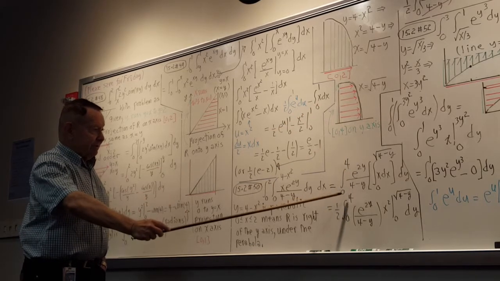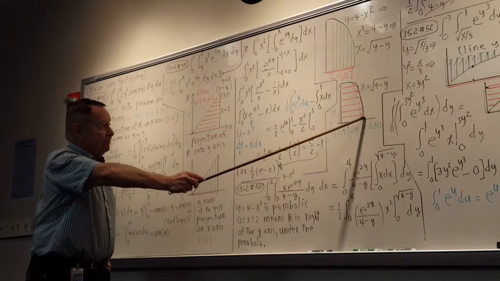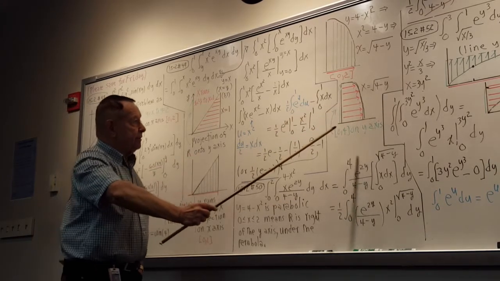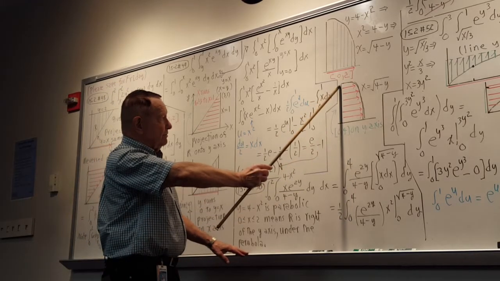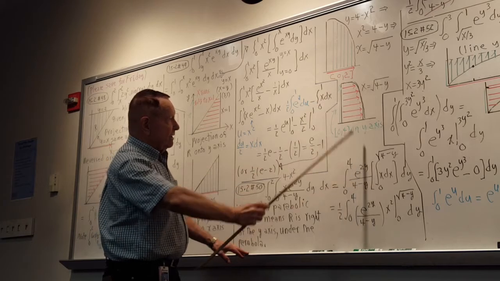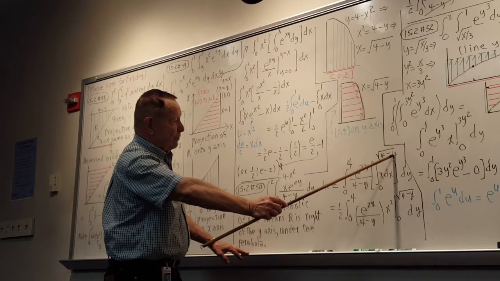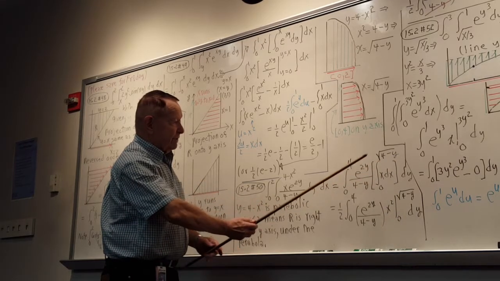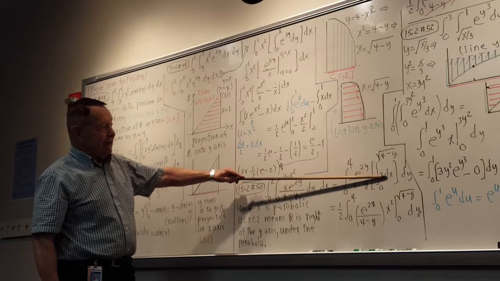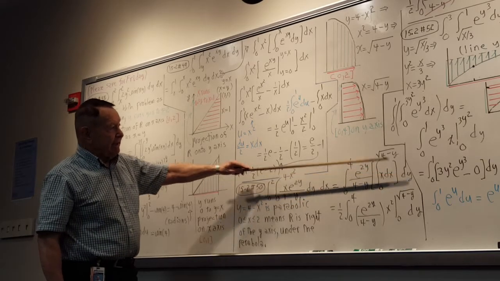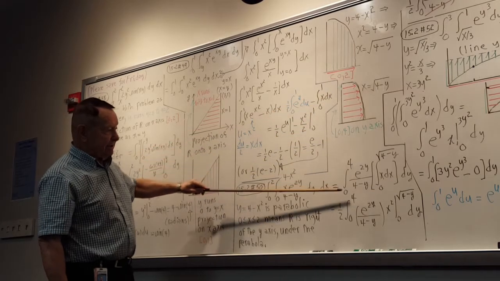So in the reversed order then, they're going from 0 to 4 on the, well, that will be what you do second on the y-axis. They're going from 0 to square root of 4 minus y first. You'd integrate that with respect to x, and then y second, and then the projection on the y-axis is 0 to 4.